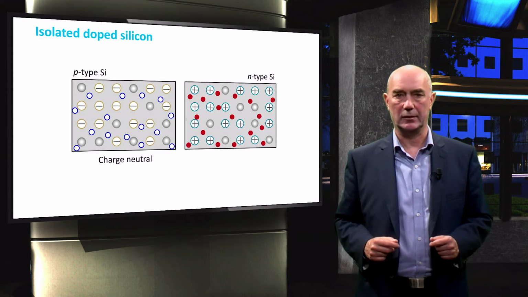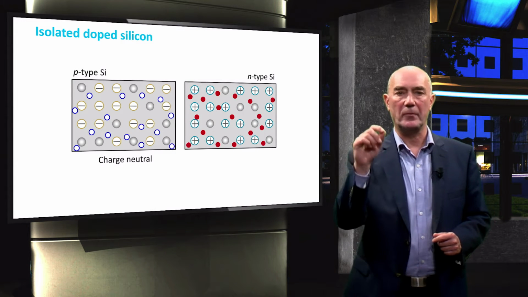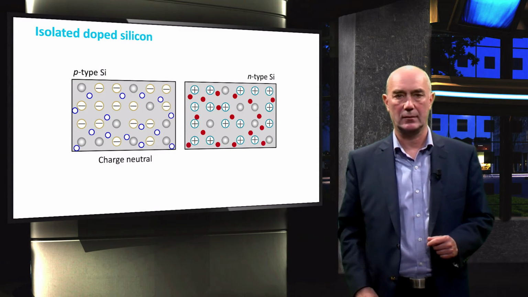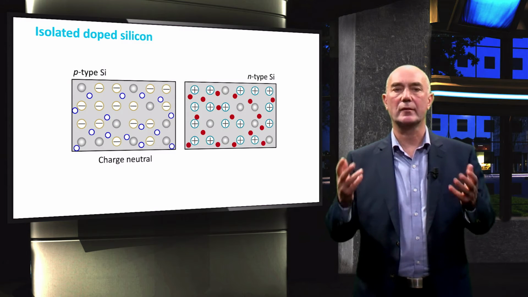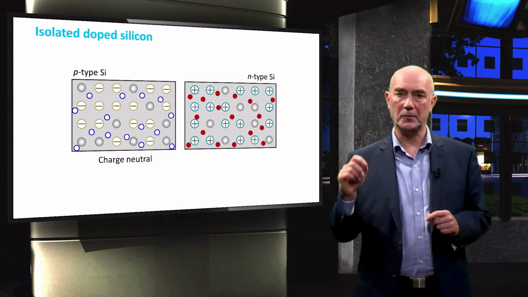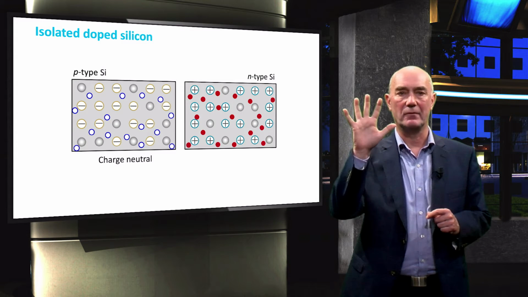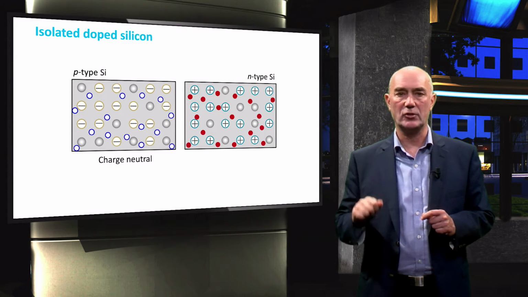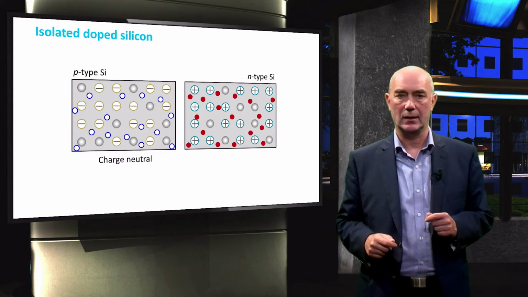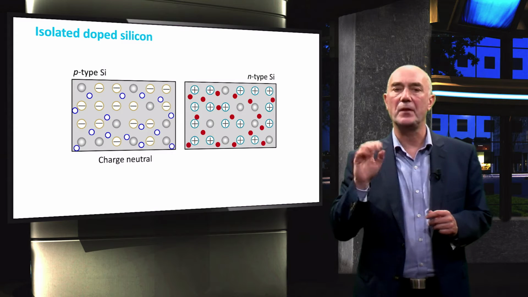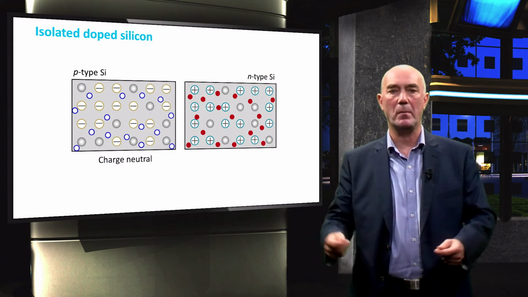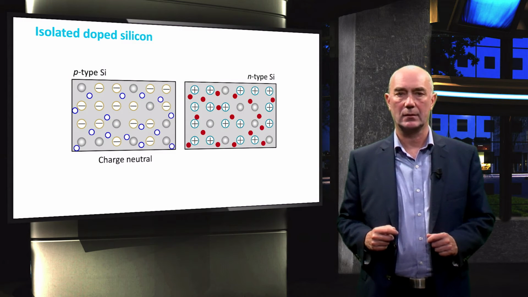N-type silicon material is doped with group 5 elements that act as electron donors. Phosphorus is generally used as the dopant for n-type silicon. Phosphorus atoms have 5 valence electrons, from which 4 make bonds with neighboring silicon atoms. At room temperature, the 5th electron is liberated from the atom and becomes mobile in the silicon matrix.